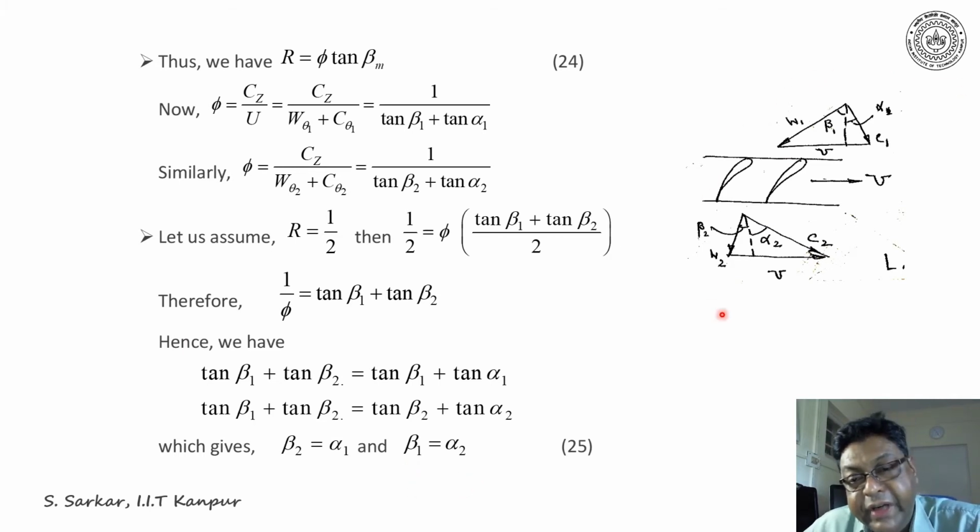Come to the velocity triangle, imagine here that this beta 1, for when the degree of reaction is half, beta 1 here would be equal to alpha 2, and beta 2, this angle would be equal to alpha 1, thereby the inlet and exit velocity triangles are the mirror image of each other.